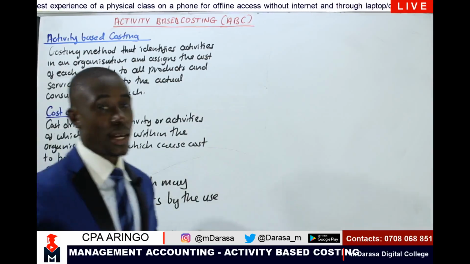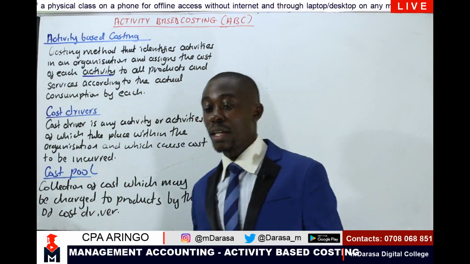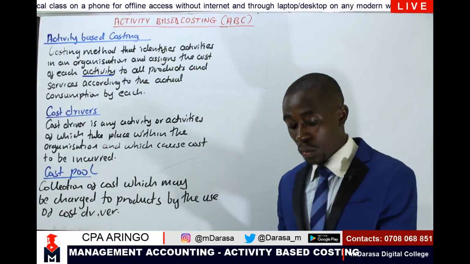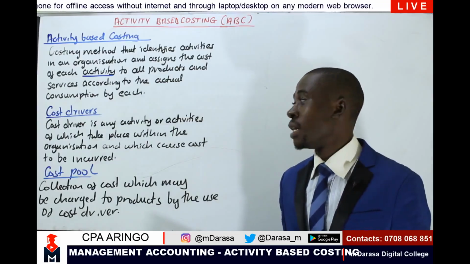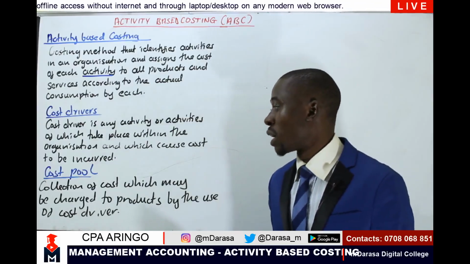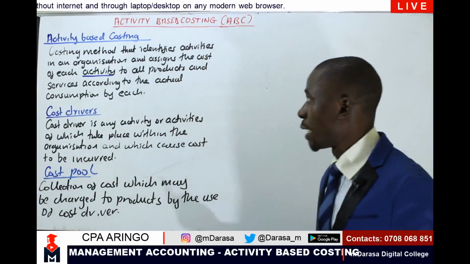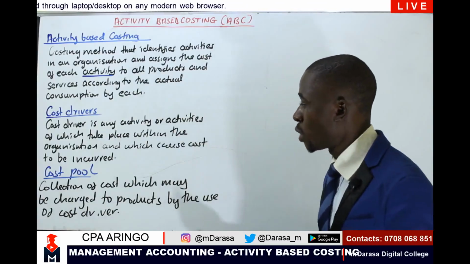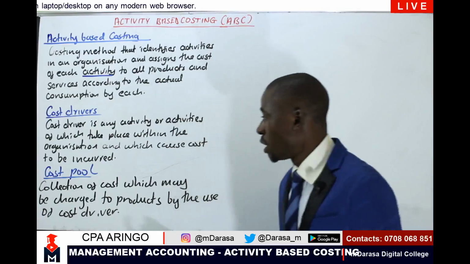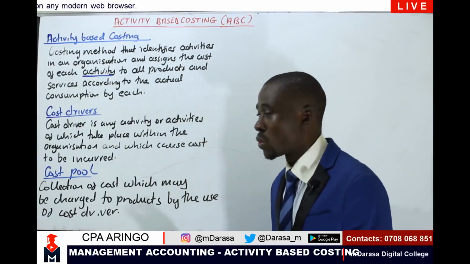So if you can recall, when you're looking at traditional costing, we talked of an element known as cost center, meaning a part within the organization where only cost is incurred. So relating it to the cost pool, we are looking at a collection of costs which may be charged to products by the use of a cost driver.